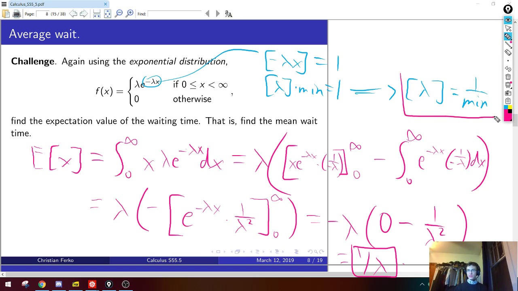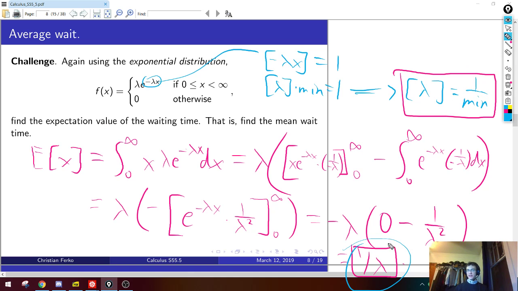So if lambda has units of inverse time, then our answer makes a lot of sense, because we were trying to find the average time I would have to wait for the bus. The average time I have to wait is 1 over lambda, where lambda has units of inverse time.